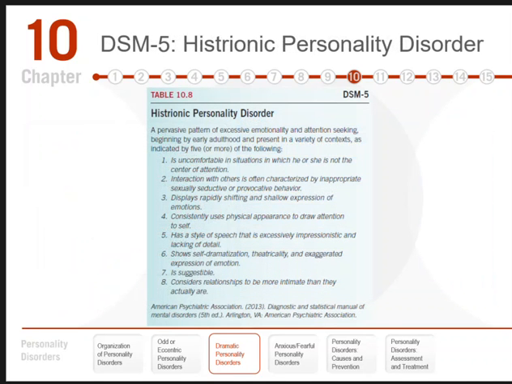Histrionic is a pervasive pattern of excessive emotionality and attention seeking beginning by early adulthood and presented in a variety of contexts. So histrionic you might think of as the dramatic personality disorder.